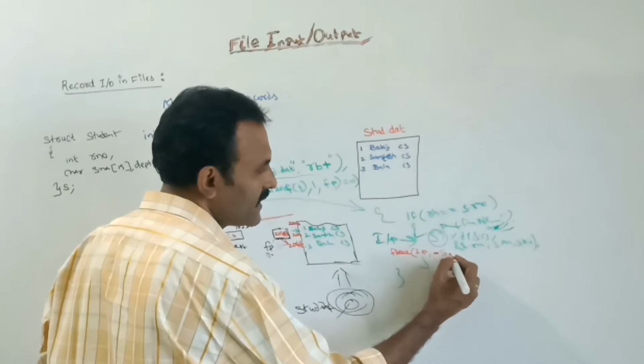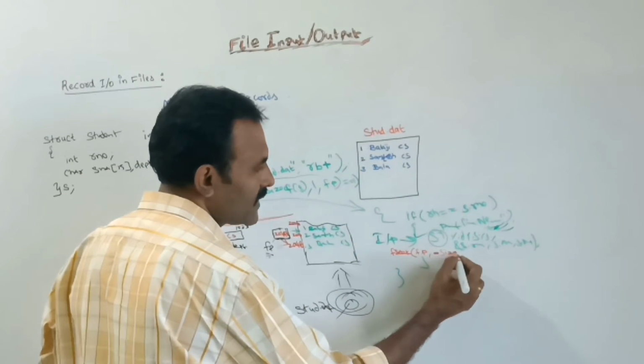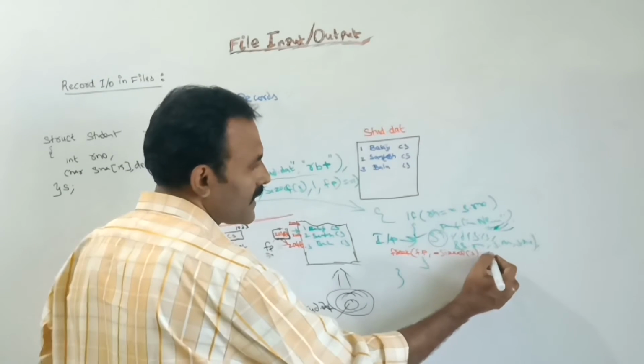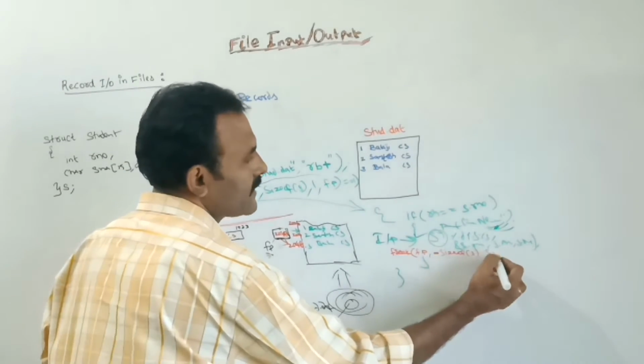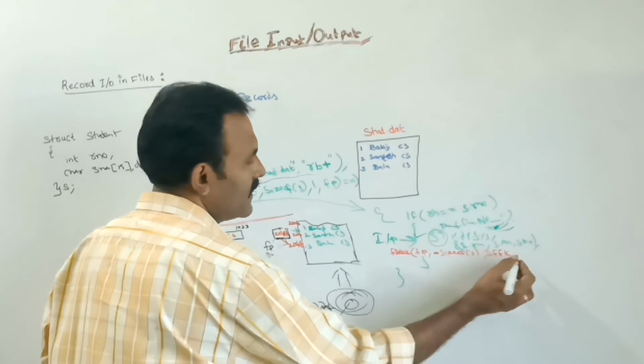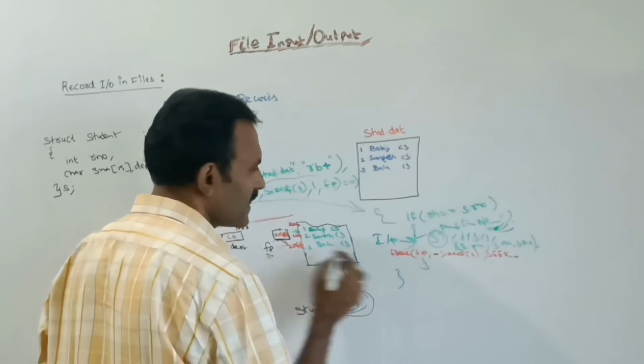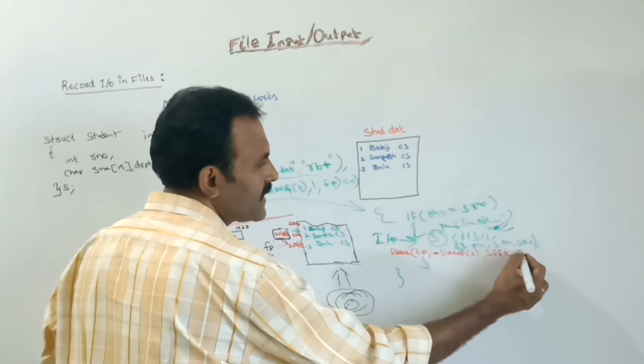So here we can just give 24, or simply we can give sizeof s. Next, this seek, to give the reference of the current position we can give SEEK_CUR.